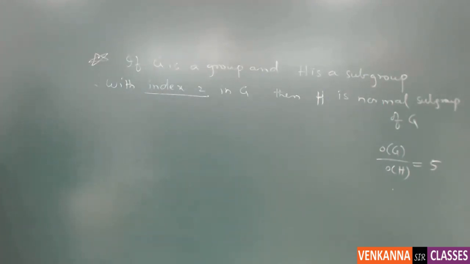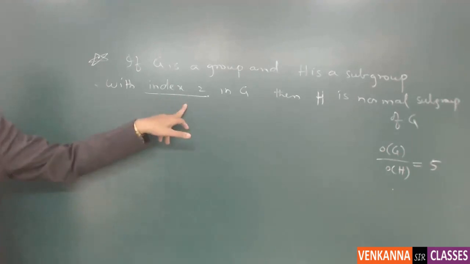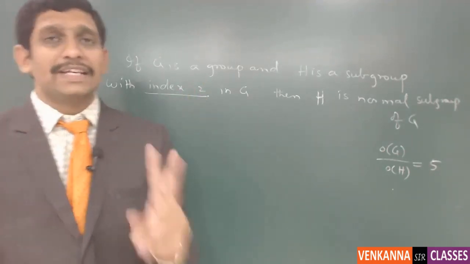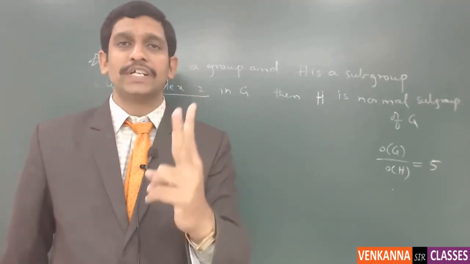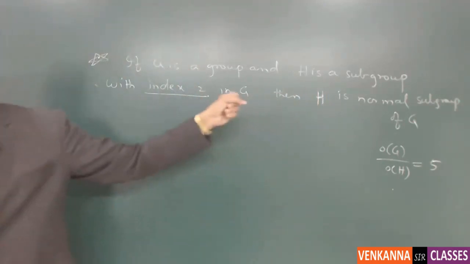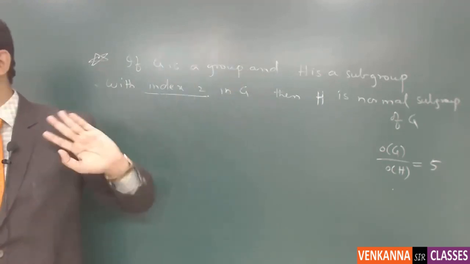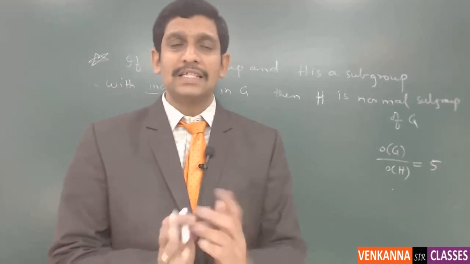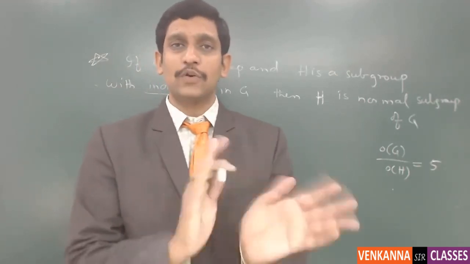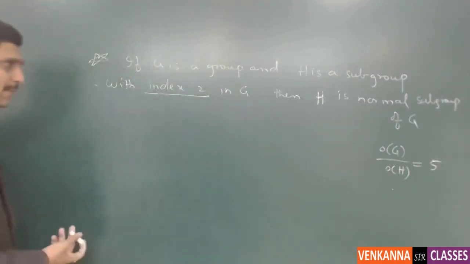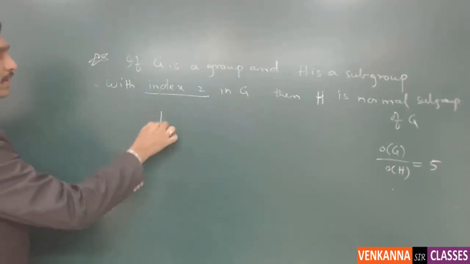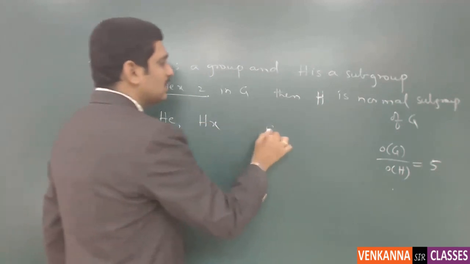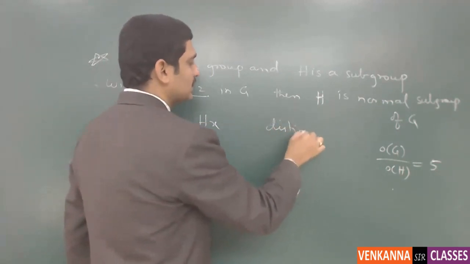Agree? So in this problem, since index 2 is given, you will get exactly 2 distinct cosets for the subgroup H in the group G. You can consider the coset as a left coset as well as a right coset. So here, He, Hx are distinct right cosets.